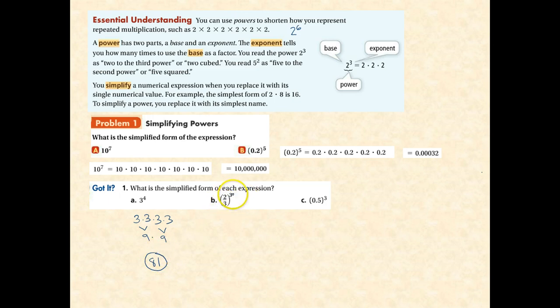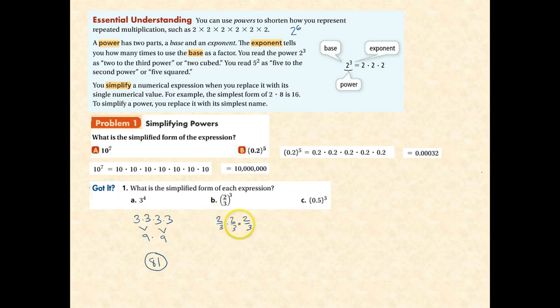2/3 to the 3rd power, or 2/3 cubed, is another way we could say that. But what does that mean? Even though there's a fraction, it doesn't change what this power means. It means the base multiplied by itself 3 times. So 2/3 times 2/3 times 2/3.